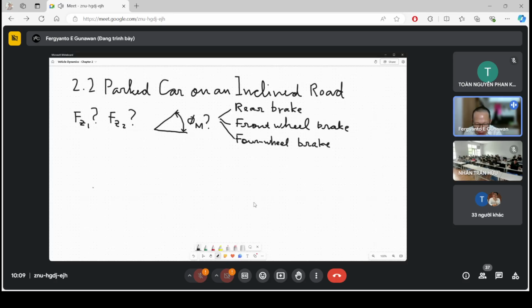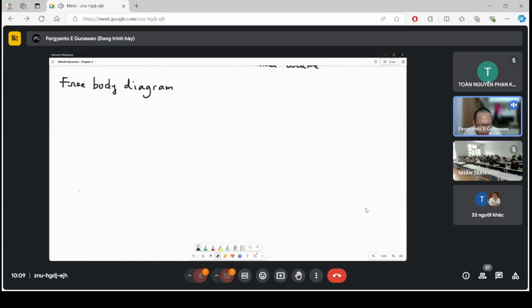Force, right? Of the vehicle. Let's draw the free body diagram. This time the car is lying on an inclined road, and let's say this incline angle is phi.